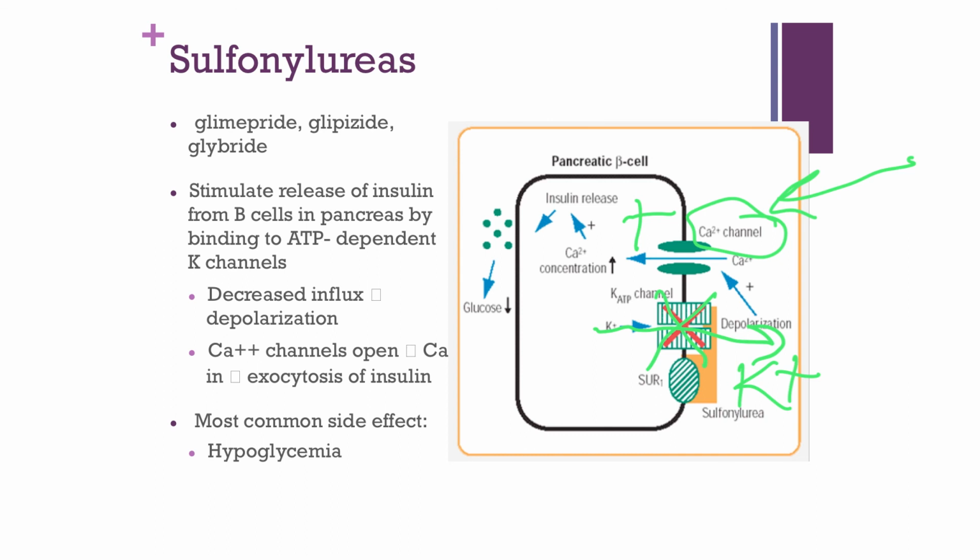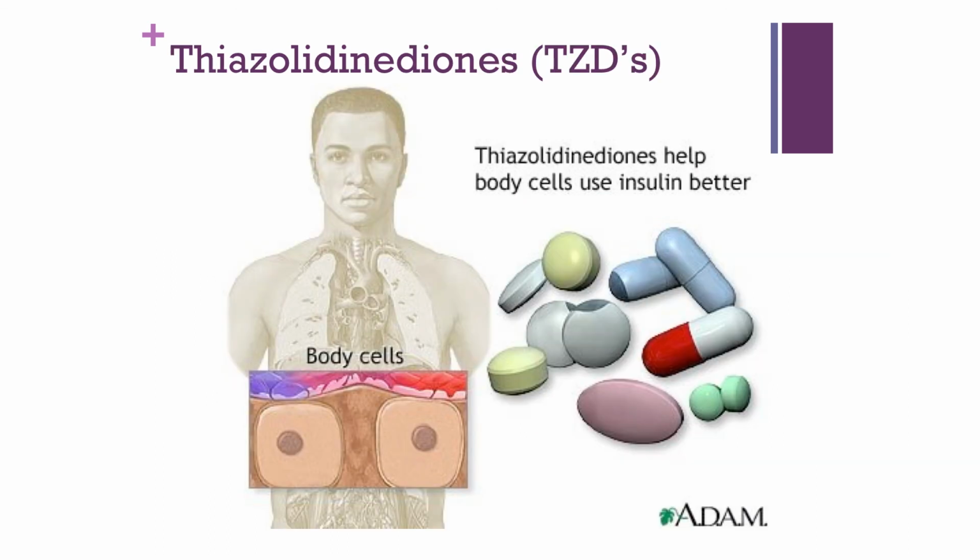So we get decreased potassium leaving the cell and increased calcium coming in, greater charge, greater activity, greater exocytosis, and secretion then of insulin. Most common side effect, hypoglycemia. Their job is to lower the blood sugar by inducing insulin release, and they do that very well. I love this simplistic picture and the simplistic description.